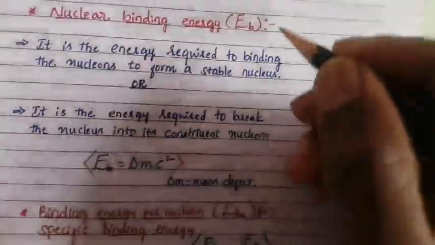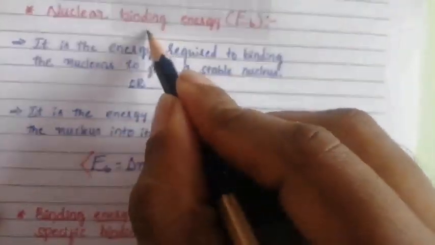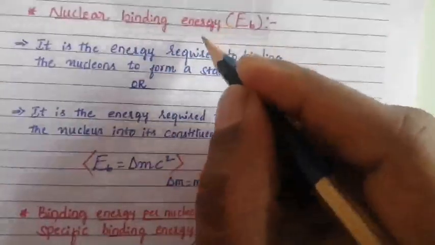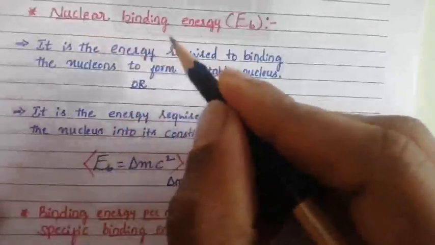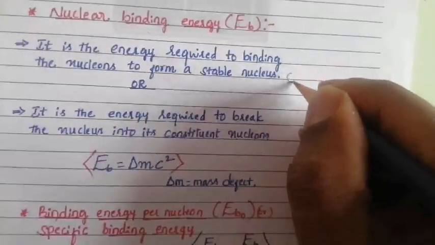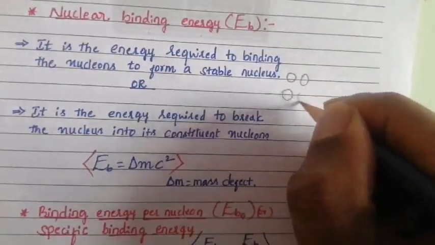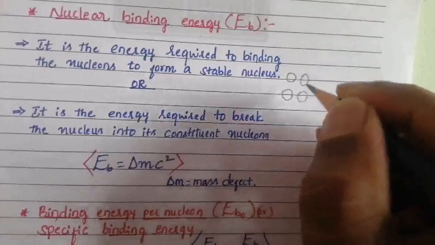Okay, next concept, nuclear binding energy. Nuclear binding is nothing but holding energy. So I want to explain this concept through an example. Listen here. So there are 4 individual nucleons.